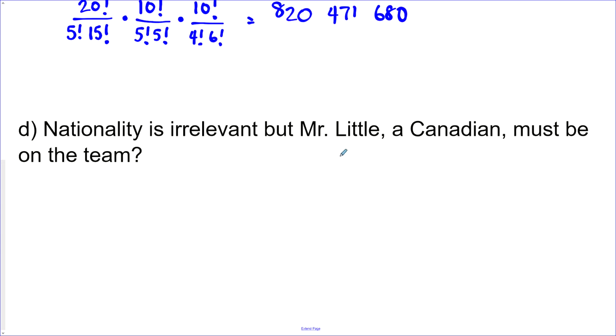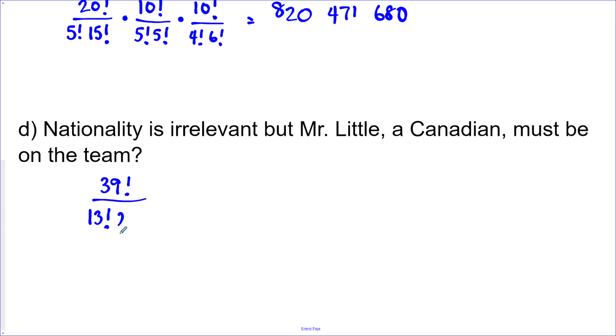What about if nationality is irrelevant, but Mr. Little, me, a Canadian, must be on the team? So I'm taking up a spot. I mean, it was my idea. I'm putting myself on there. So now there's only 39 people left to choose from. And on the team, there's only 13 positions left for the team.